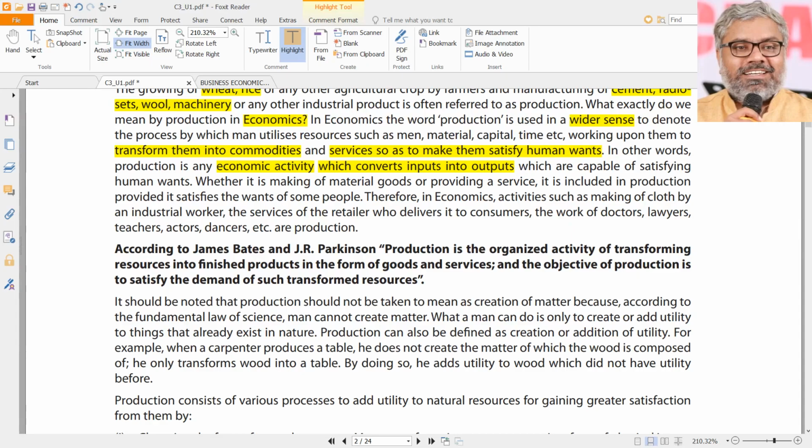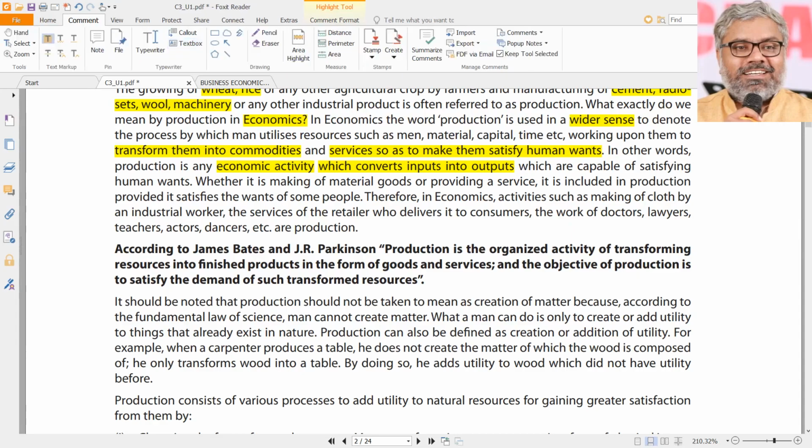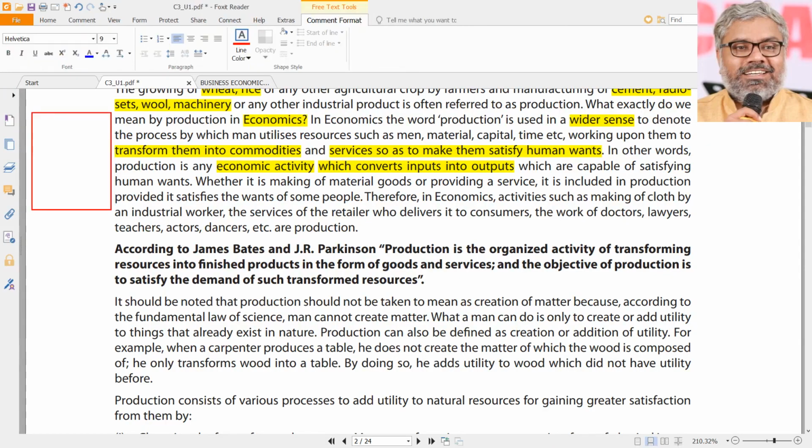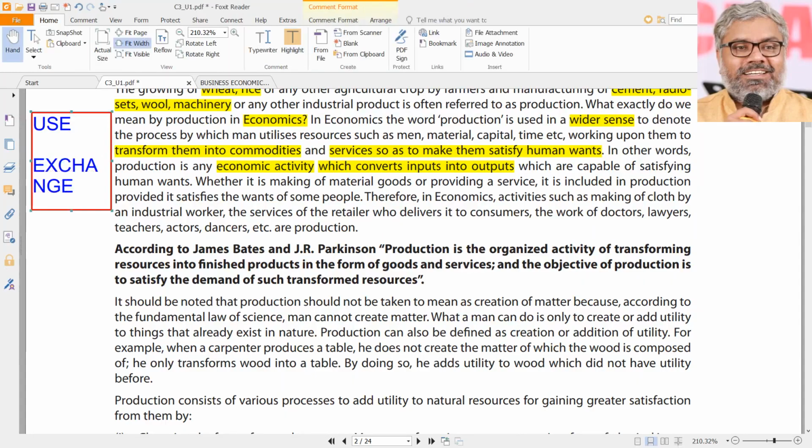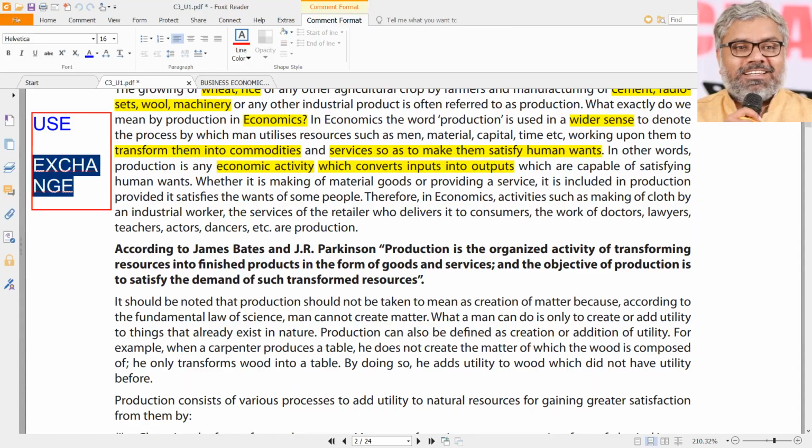Always we have to keep in mind, as we discussed earlier also, the importance of these two words in economics. These are core words. One is use value and the other one is exchange value. Only that which generates exchange value can be called an economic activity.